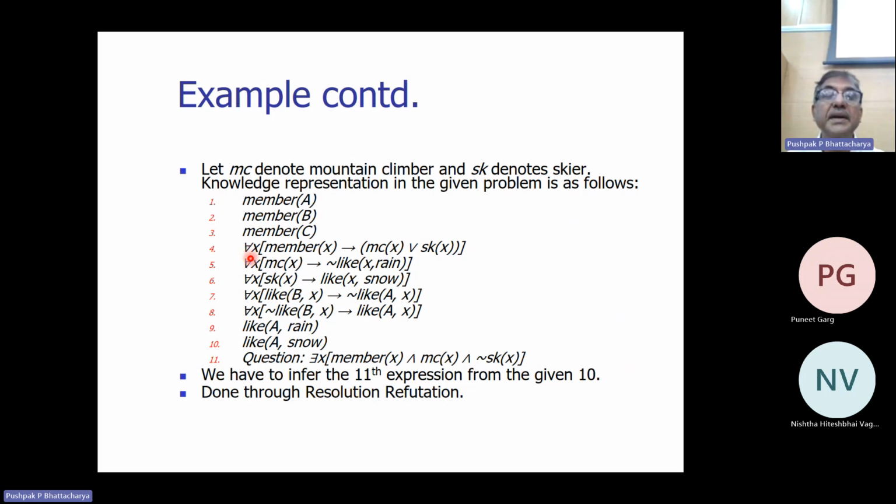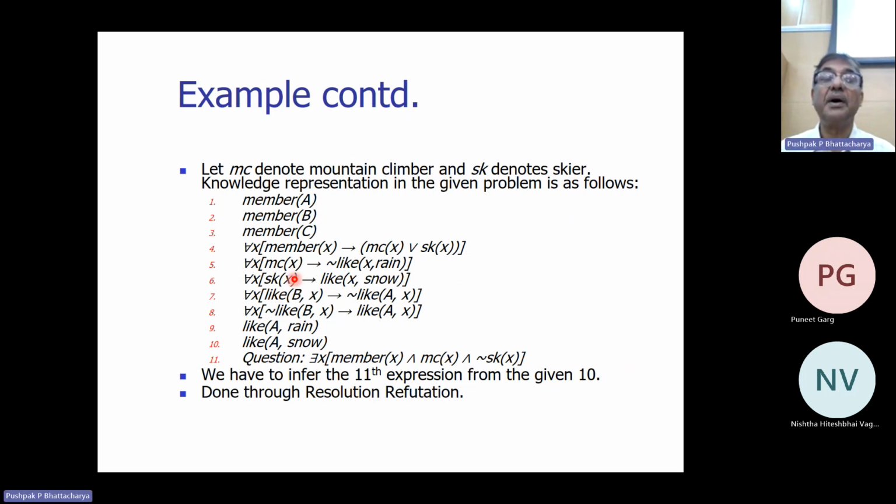So for all X, member X implies mountain climber X or skier X. Notice that we have to make use of the inclusive or, not exclusive or: either a mountain climber or a skier or both. The brackets are important here.